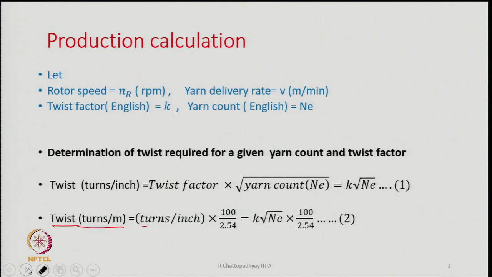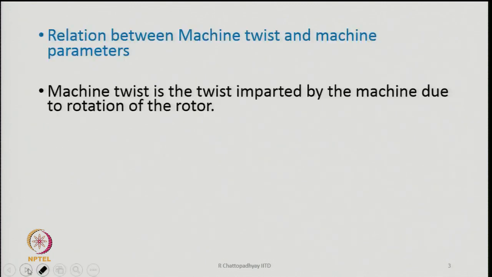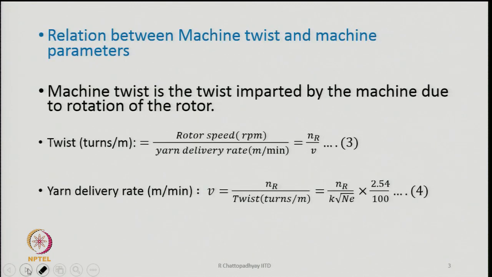If you do that, we get this. This is equation number 4, that is, yarn delivery rate V becomes rotor speed and twist factor, and this is yarn count in Ne.